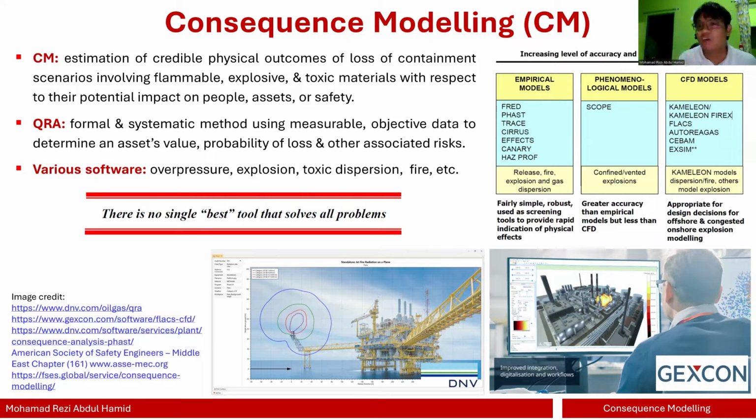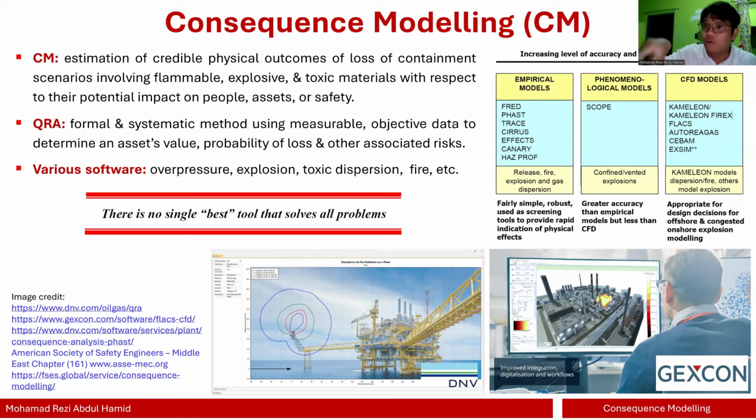And we'd like to see, okay, when there's a loss of containment, what will be their physical effect in terms of how big the dispersion is, or when we talk about jet fire, or maybe BLEVE, boiling liquid expanding vapor explosion, we would like to see how big the explosion radius is, or how big the fireball is.